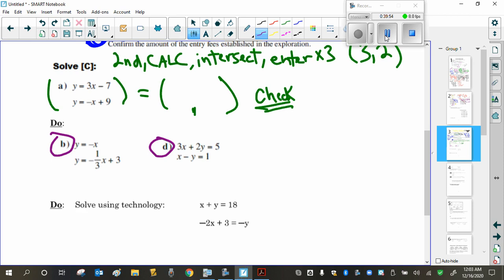Please remind you that if you have any questions on any of this, just email me, chat me, say you want to ask me a question, and say, okay, D on page 3, I got y equals negative x plus 1, but you got y equals x subtract 1.